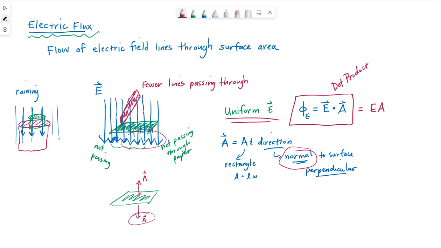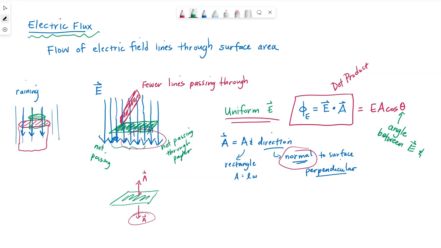You might remember we can generically write a dot product equation as the magnitude of the two vectors times the cosine of the angle specifically between the two vectors.